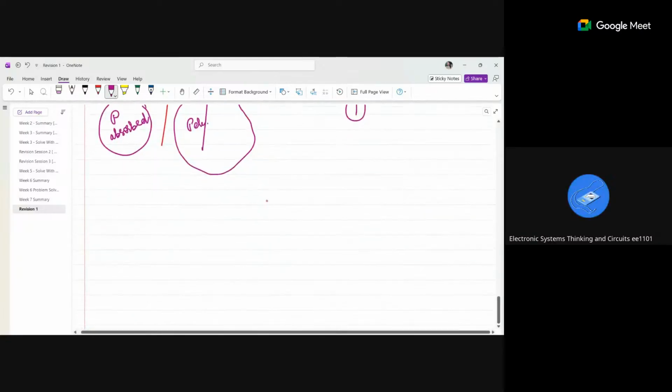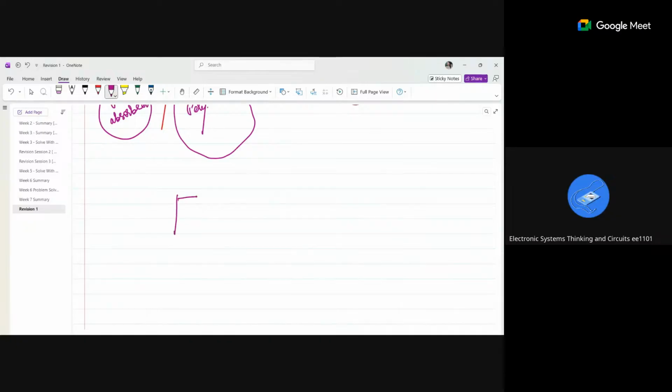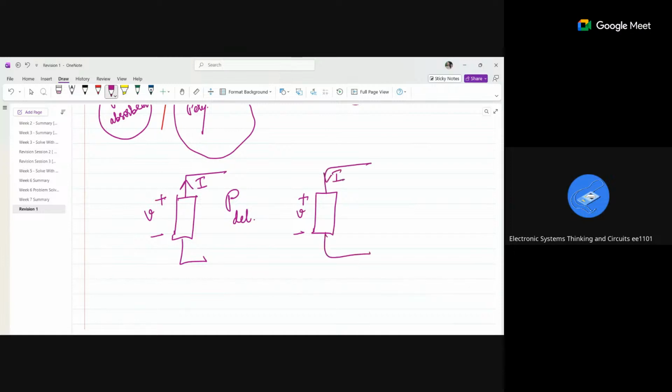The simple thing to remember is, whatever the component is, there will be a plus terminal and a negative terminal. If the current is leaving out of the positive terminal, then it is power delivered. If the current is entering the positive terminal and leaving from the negative terminal, then it is absorbing power.